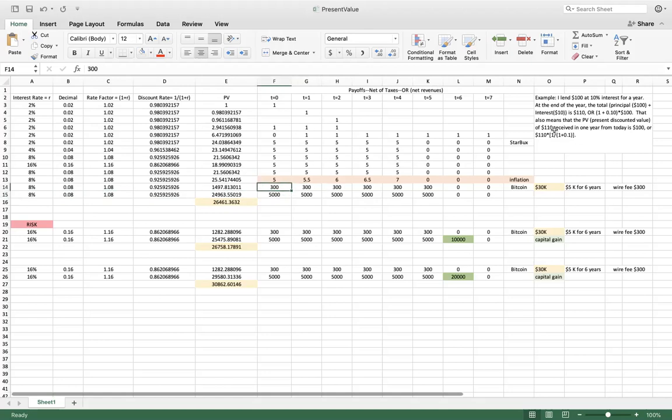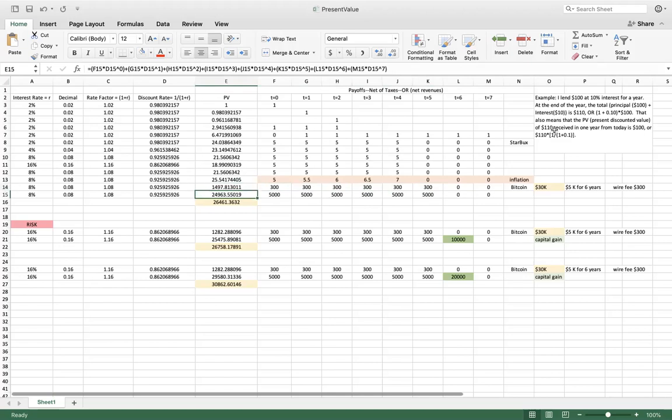But I also avoided having to pay the $300 wire transfer fee. So that's a benefit to me. That's a cost I didn't have to pay. So I'd get that each year for the 6 transfers too. And the present value of getting $300 for 6 years is $1,497.81.